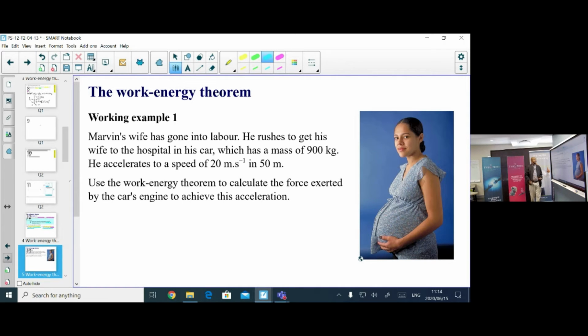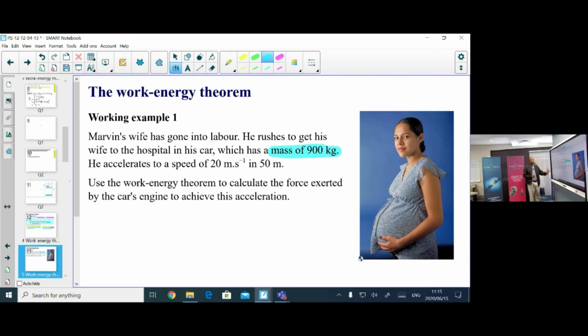Okay, let us look at this example. Marvin's wife has gone into labor. He rushes to get his wife to the hospital in his car, which has a mass of 900. In other words, we have been given the mass of the car, which is 900, and then he accelerates to a speed of 20 meters per second.